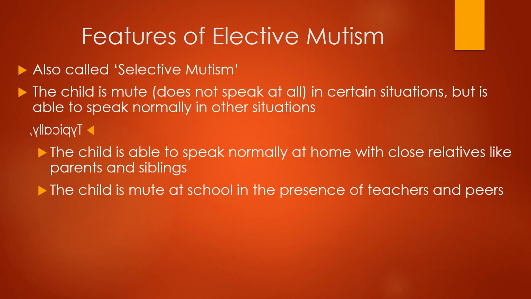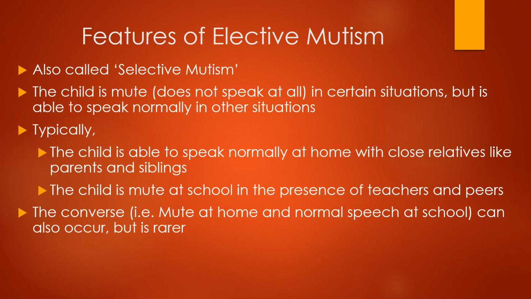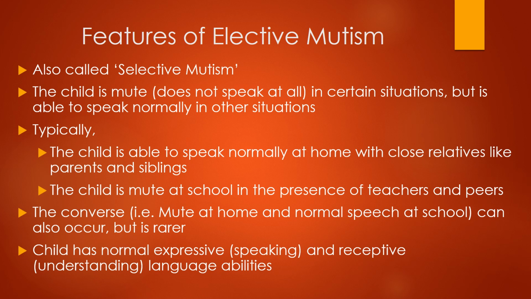Typically, the child is able to speak normally at home with close relatives, and the child is mute at school in the presence of teachers and peers. The converse, whereby the child is mute at home and has normal speech at school, can also occur but is rarer. The child has normal expressive and receptive language abilities.